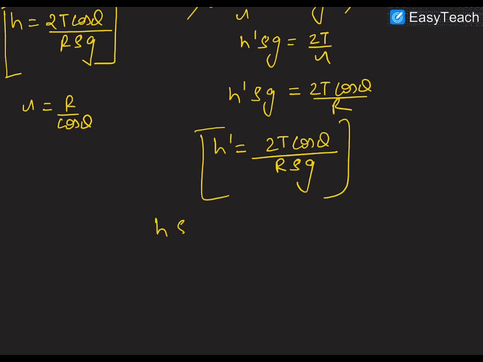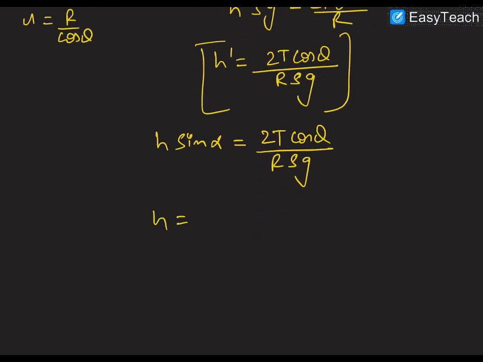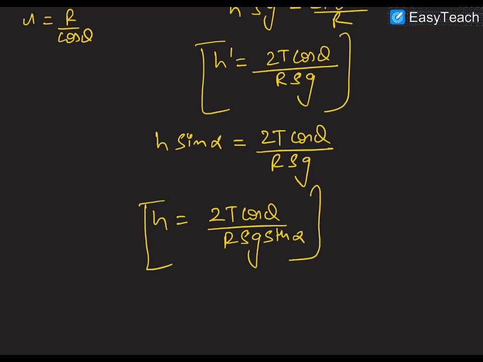So h sine alpha is equal to 2T cos theta upon R rho g, and h will be equal to 2T cos theta upon R rho g sine alpha. This is the height of the liquid column along the tube. So this is the first method.